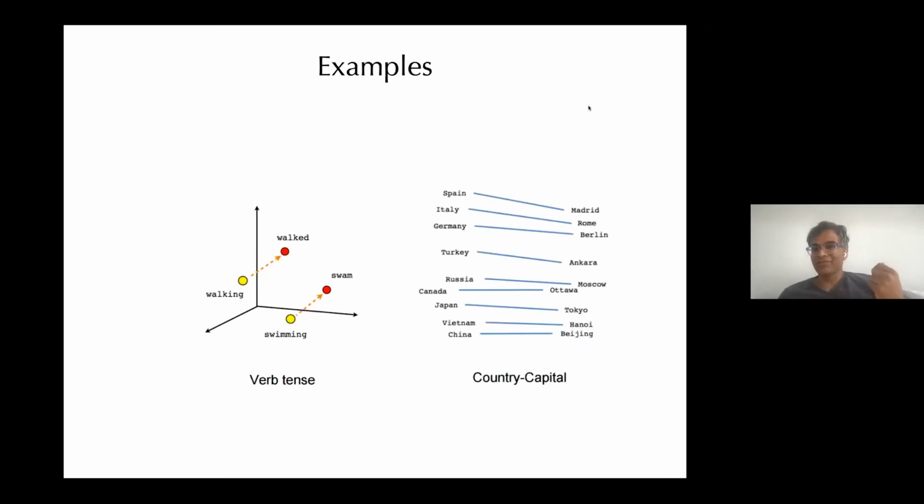Here's another example. If you take Spain minus Madrid, take that vector, add it to Italy, you get Rome. Add it to Japan, you get Tokyo. So these word embeddings are a remarkably interesting way of capturing the semantic content of words in such a way that their geometry actually has meaning. That was a great discovery in the NLP world.